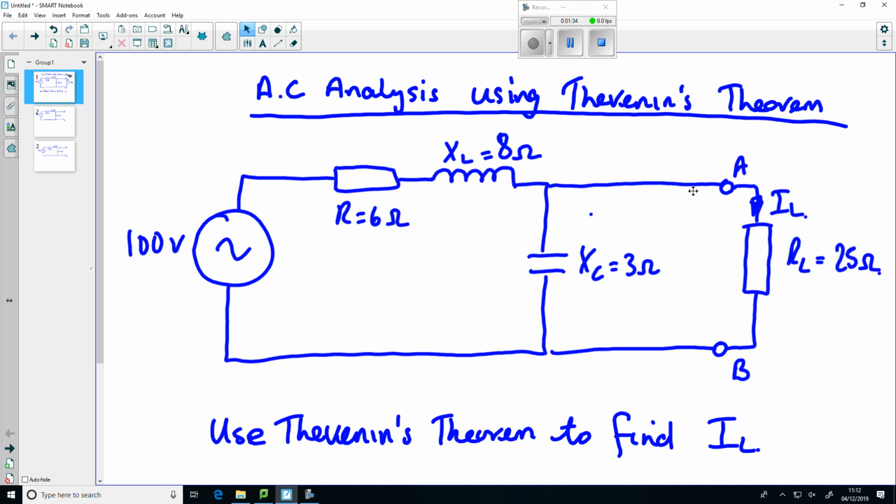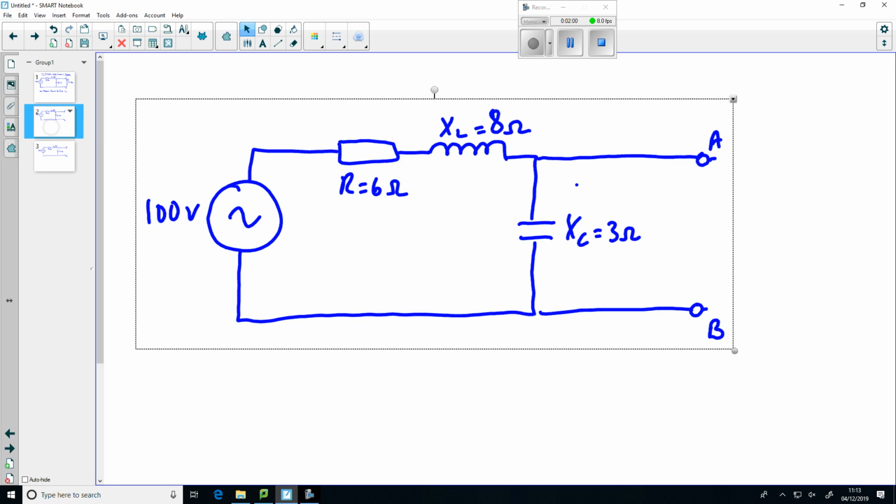So, has everybody got the circuit down? Right, so what is the first step in the process of going through Thevenin's theorem? Remove the load resistor. Yep. So the first step is we take away the load resistor, leaving 2 open terminals.